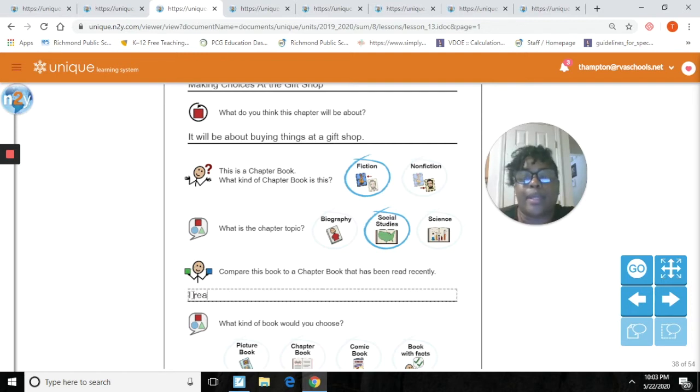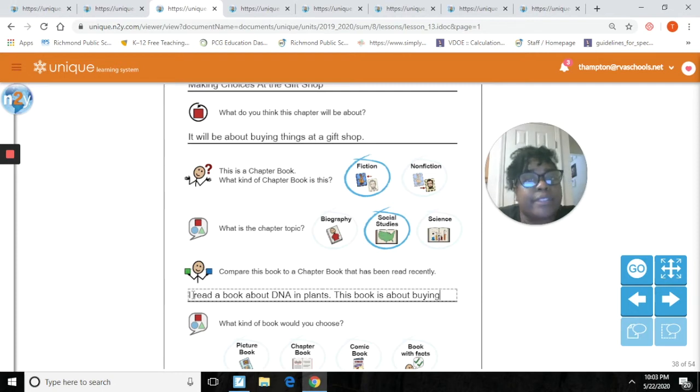I read a book about DNA in plants. This book is about buying things in a gift shop.